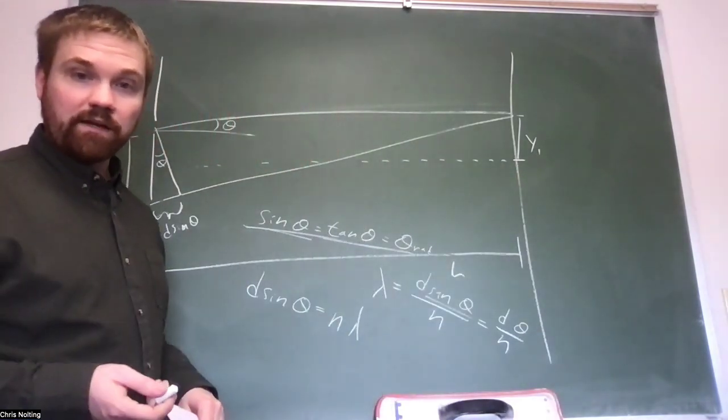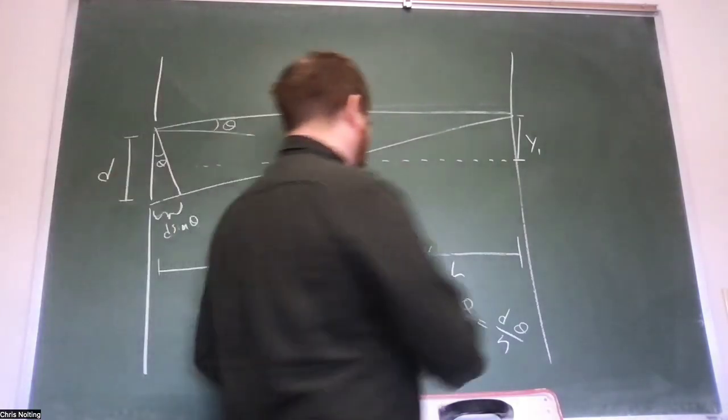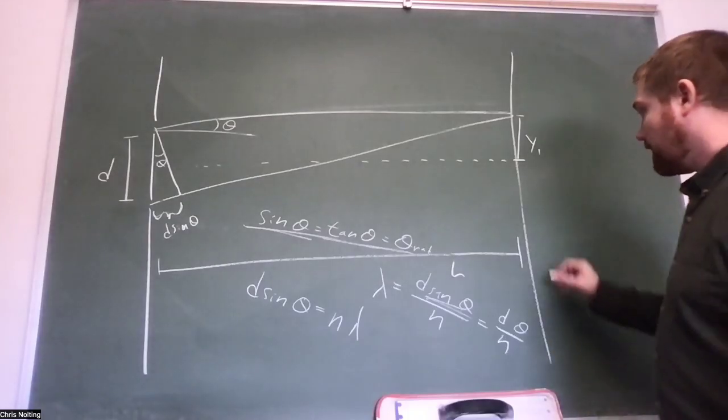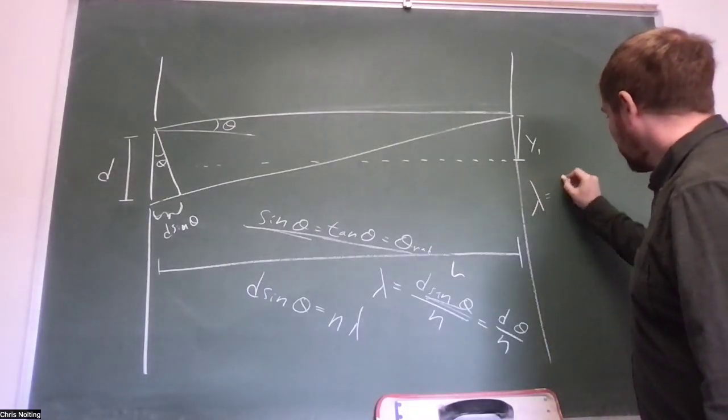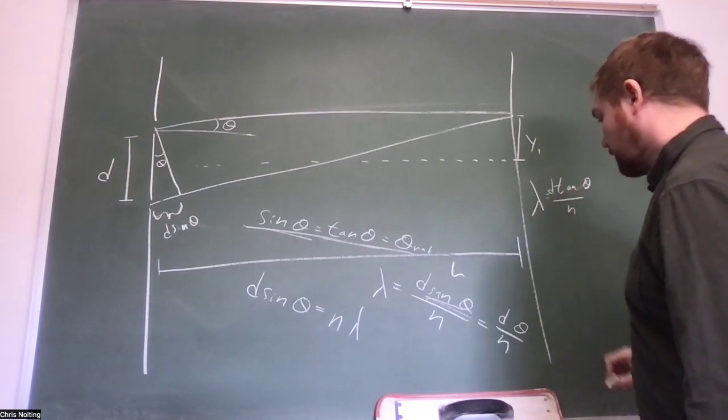So the other piece that we can do here, if we're given y and L, we can say sine theta is approximately tangent theta. And then lambda equals d tangent theta over n.